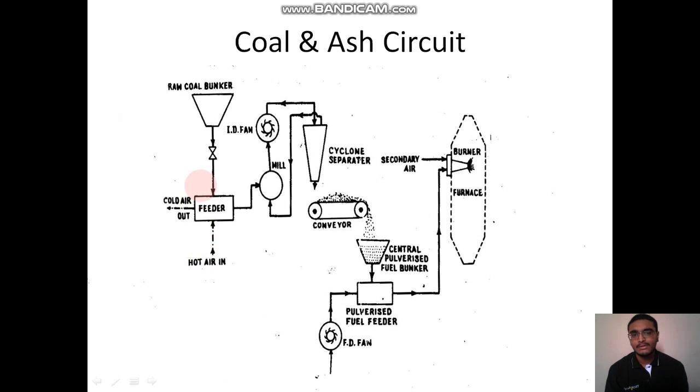Finally, the last one is the coal and ash circuit. A large amount of coal is required daily to function a steam power plant. Trains deliver coal to the bunkers, then through large conveyor belts, the coal moves to a crusher, then magnetic separation occurs.